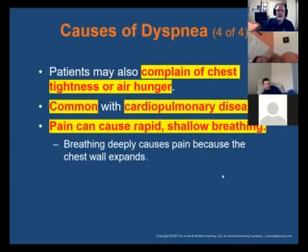When the patient's in distress with cardiopulmonary diseases, pain can cause rapid shallow breathing. If I am in pain, then I may be tachypnic. My rate may be too fast because I'm in pain.